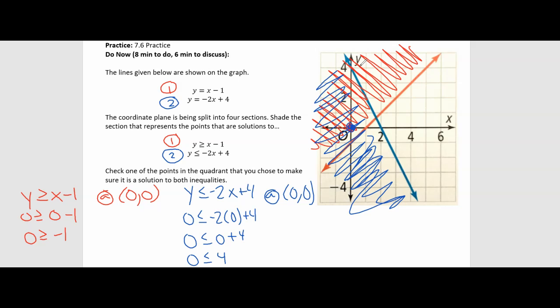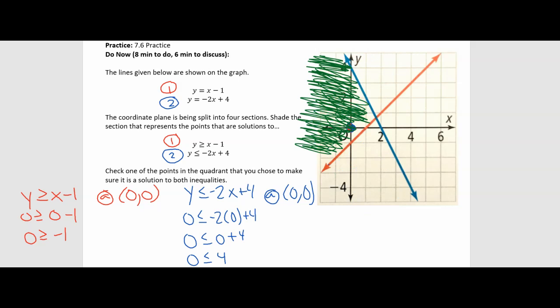Well, that ends up being in this section of the graph, the one I'm shading in green. So what you can do when you're solving these, you can either make it very obvious that the double shaded part is there, or you can erase the other shaded parts and just leave the double shaded portion. So what I currently have on my page now, these are all the solutions to both of these inequalities.